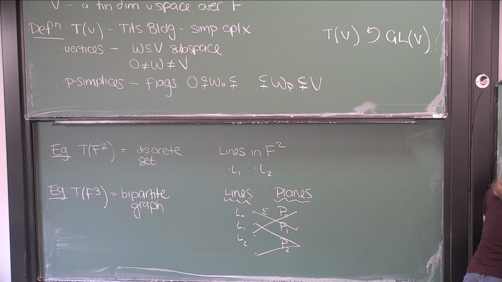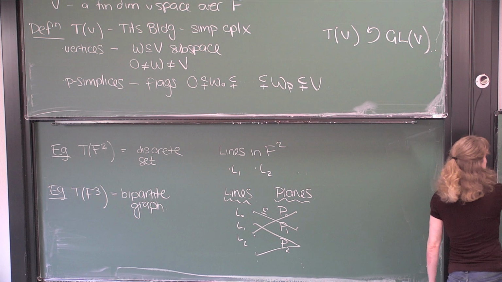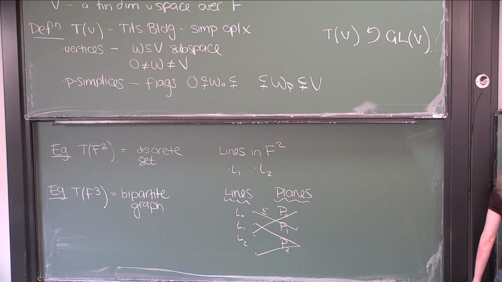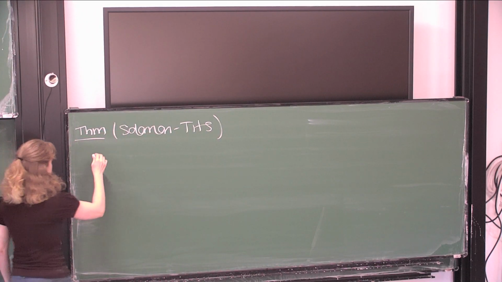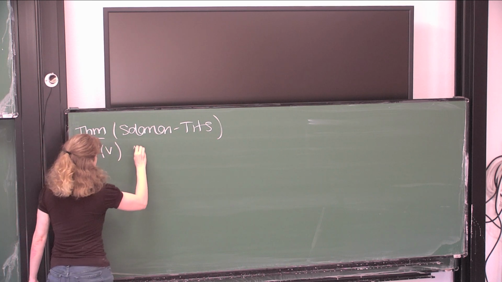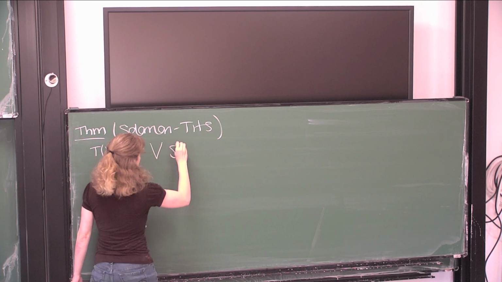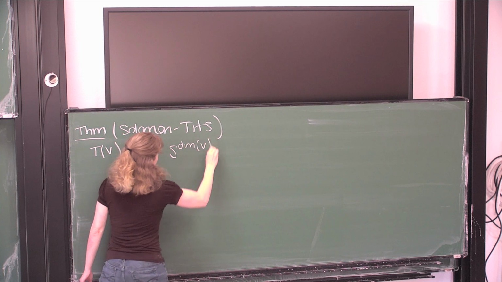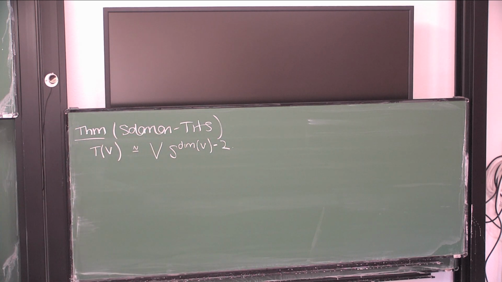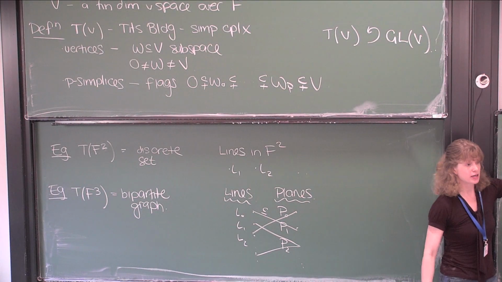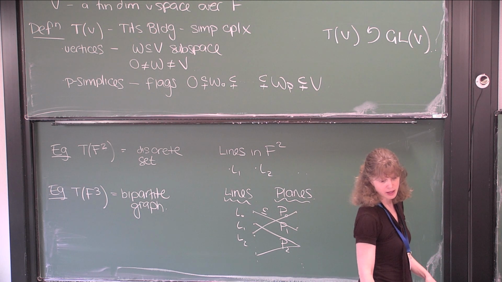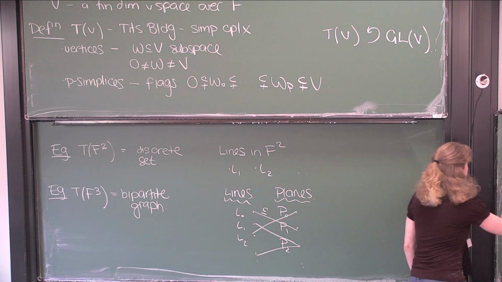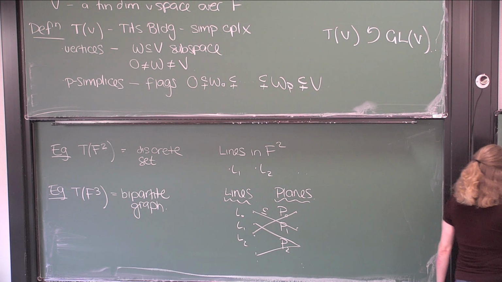It's a theorem of Solomon and Tits that the homotopy type of the Tits building is a wedge of spheres of dimension n minus 2, where n is the dimension of V. For an infinite field, there will be infinitely many spheres in this wedge. And now we can define the Steinberg module.